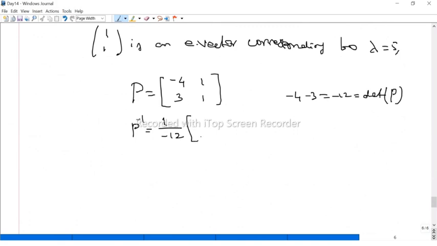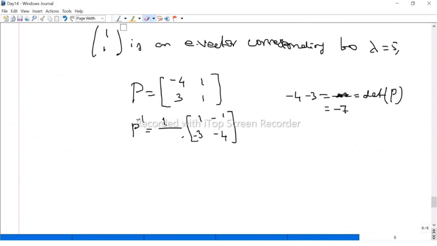The adjoint is nothing but interchanging the diagonal entries, this is 1 and this is minus 4, and we have to put minus signs on the off-diagonal entries. Minus 4 minus 3 is minus 7. Yes, thank you. So this should be minus 7.